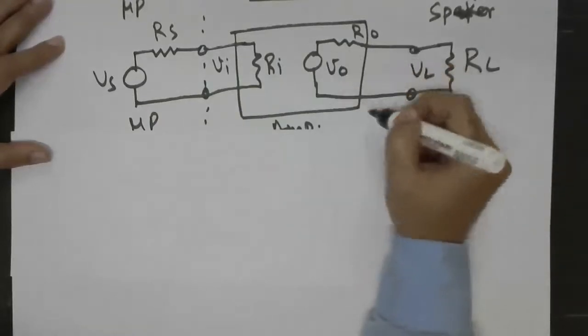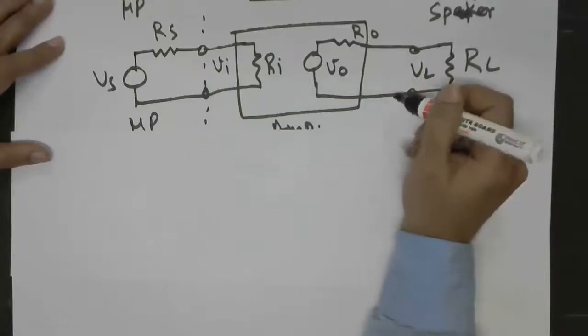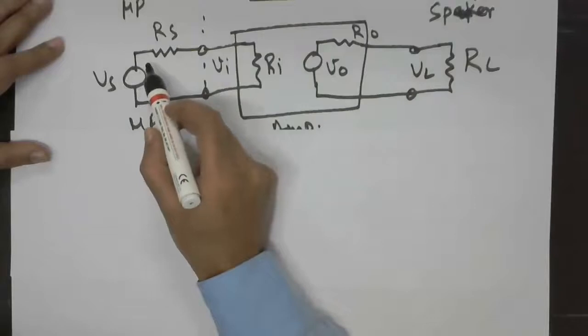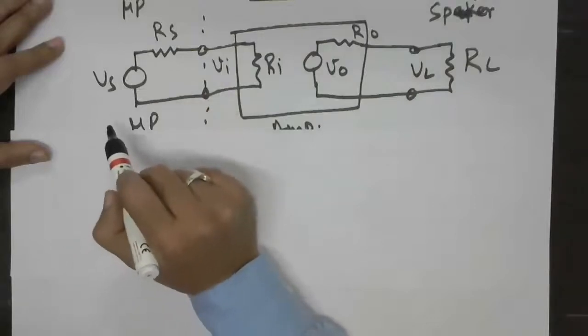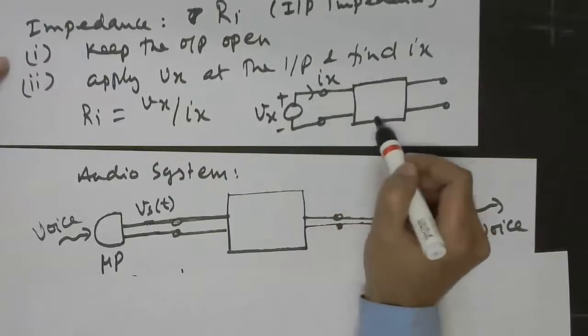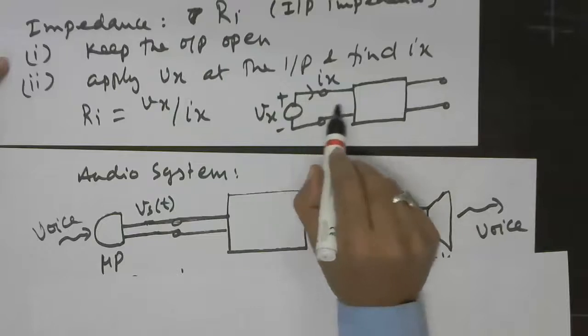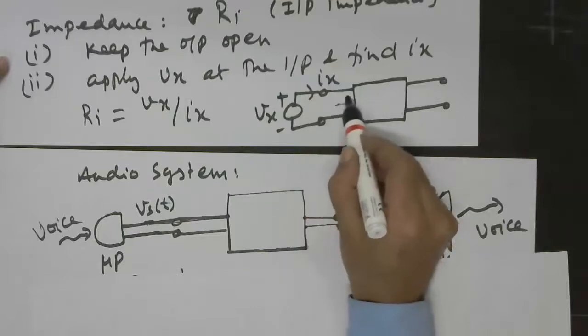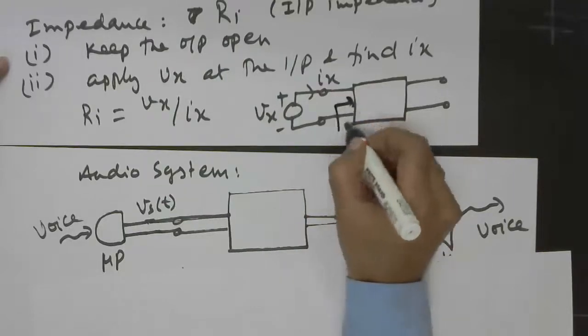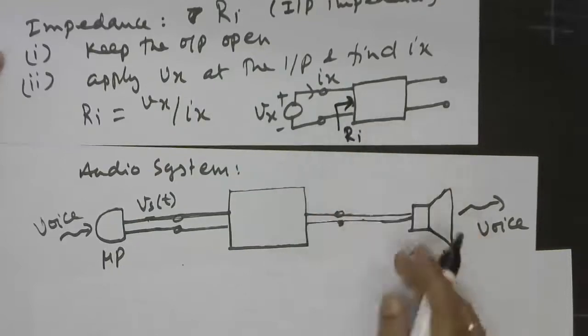So when we try to find out the output impedance, we try to short circuit this source. And here also you can see that what we have basically done is found out the Thevenin resistance looking into the input port. So we sometimes designate it like this also. That is what you will get, Ri looking into.